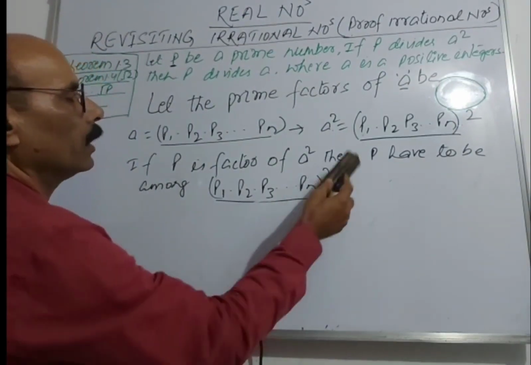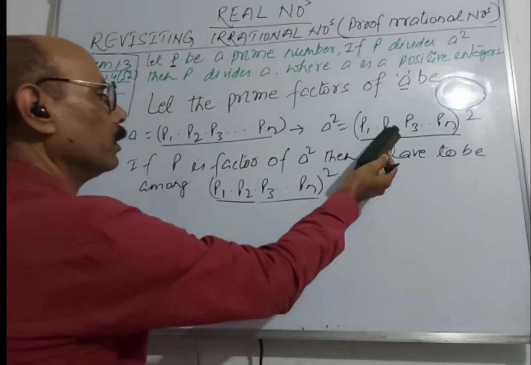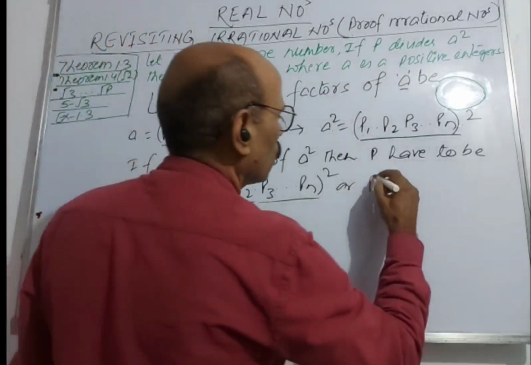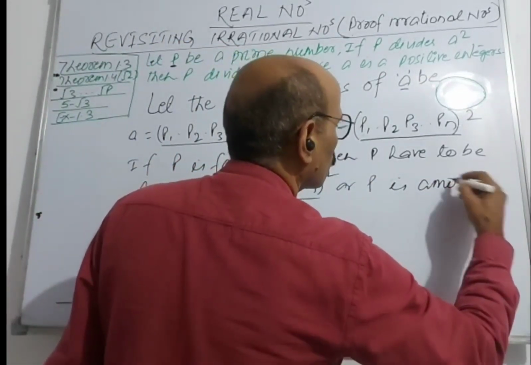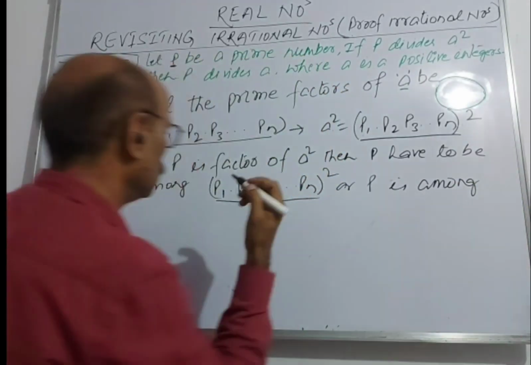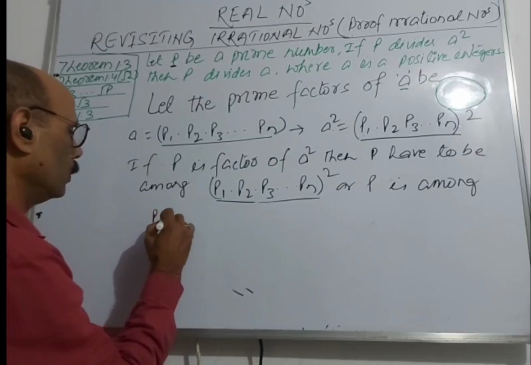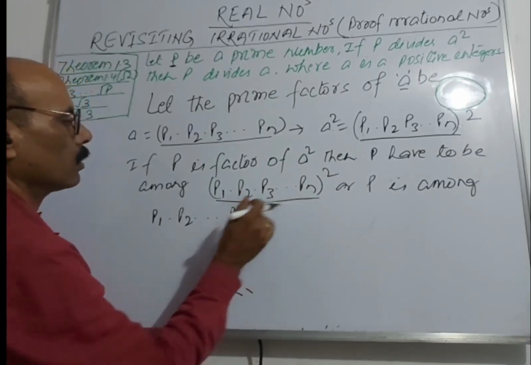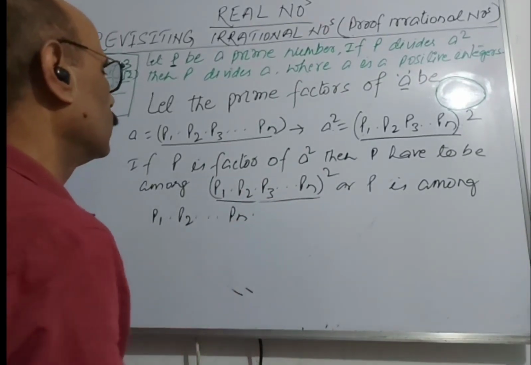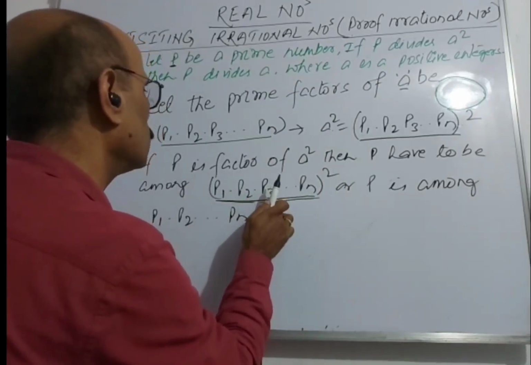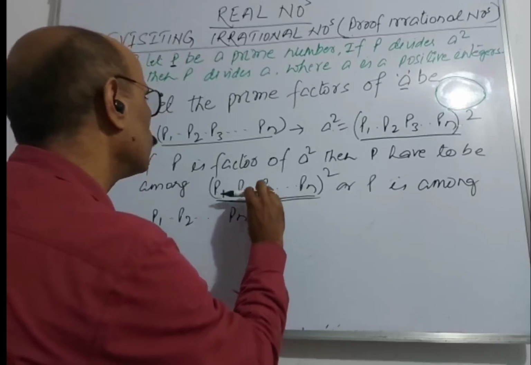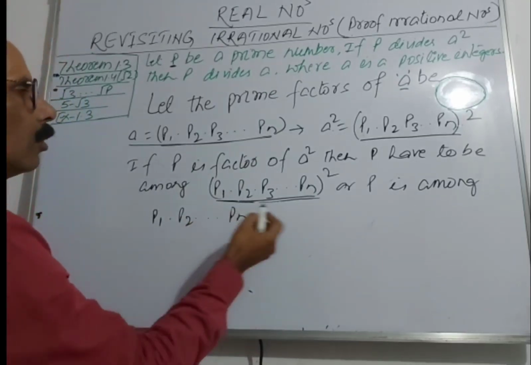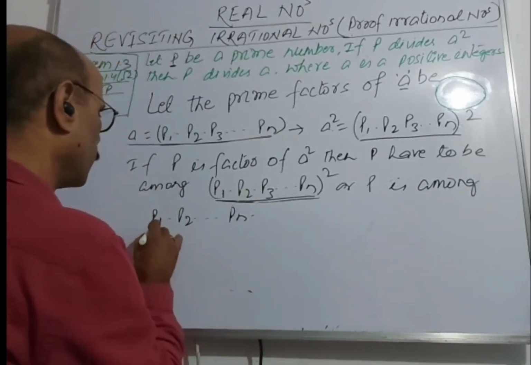So if p is a factor of a square, then p has to be among the base set p1 into p2 ... pn. p has to be in this set, and this set is the set of factors of a.